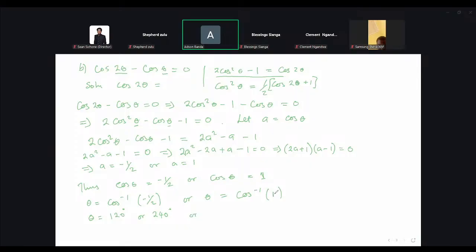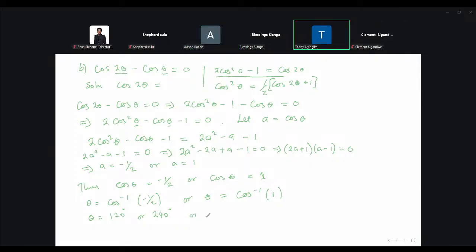So in this case, the ratio is 1. What angle gives us 1 when we are looking at the cosine? It's 0. Any other angle? Okay, so remember the range you are in.